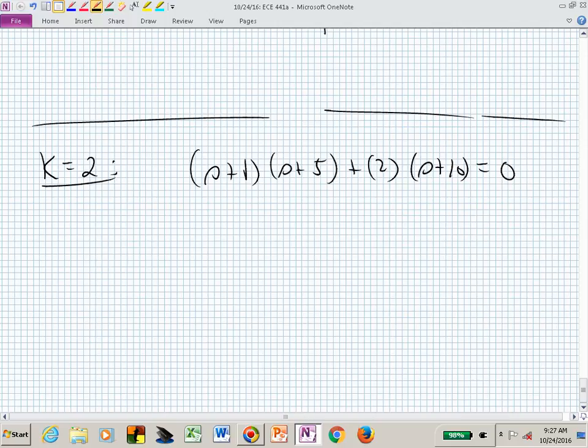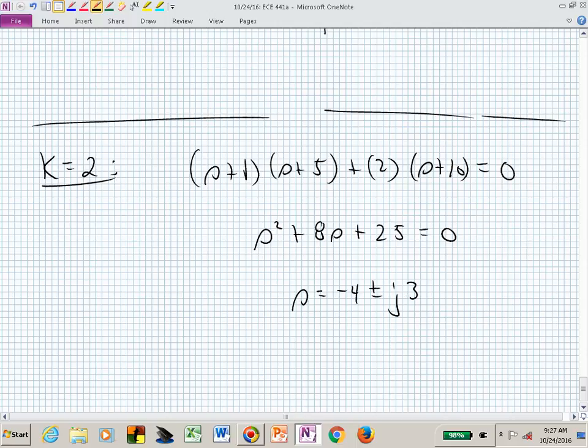So now if we do this, we end up with s squared plus 8s plus 25 equaling 0. And that one now actually does factor into some nice numbers.